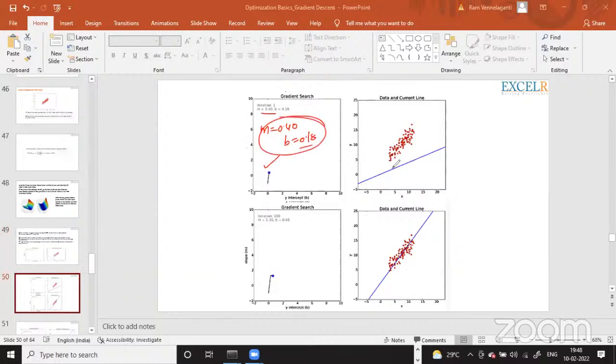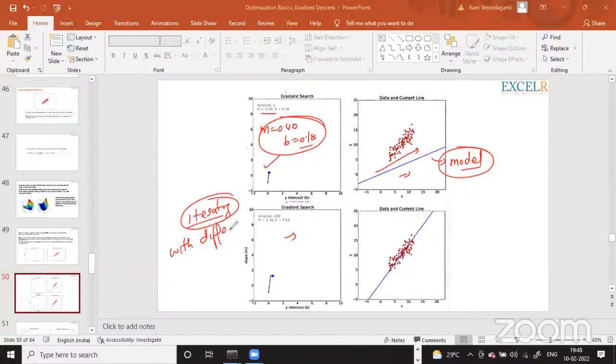At least now I'm able to understand the direction of my data. This model is better than the previous model. So like this, you have to keep on iterating with different values of your slope and intercept.